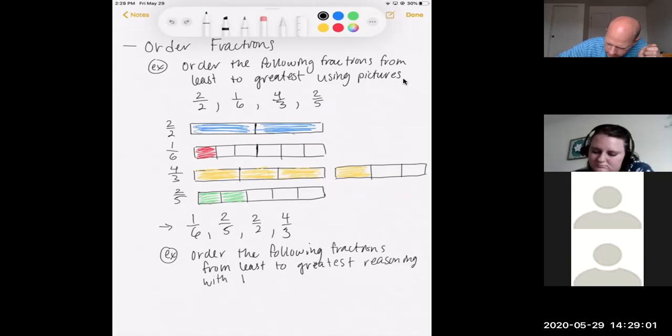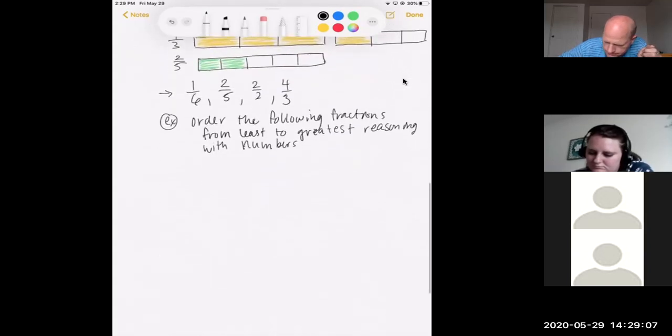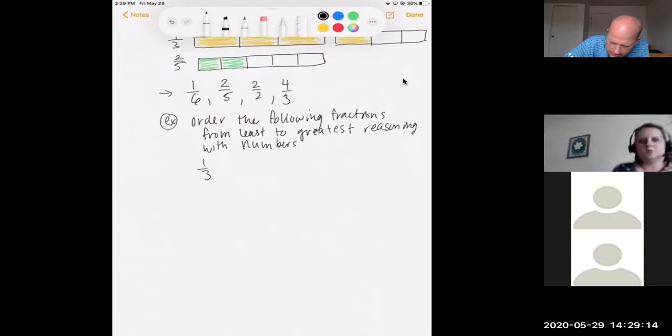So we're not going to do any pictures. We'll try it without pictures first. Let's see. 1/3, 1/7, 1/4. These are going to be unit fractions. And so I'm going to put that into my directions here.